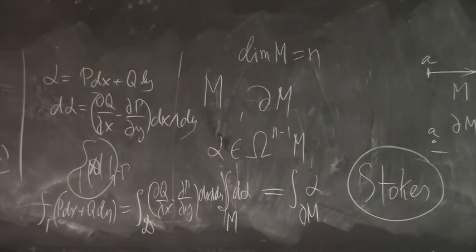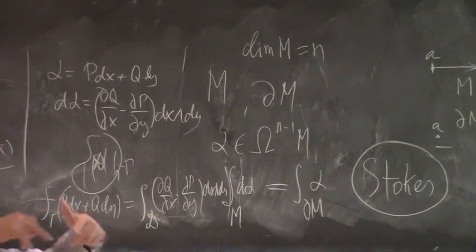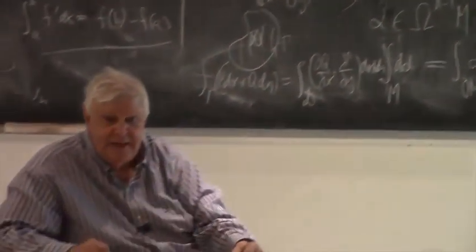Now, let me say something. I will not write anything on the board, but I will say this. There are other formulas in multivariable calculus which actually just follow from this. First is a formula which is called Stokes formula in the textbooks. You have a surface with boundary in space.